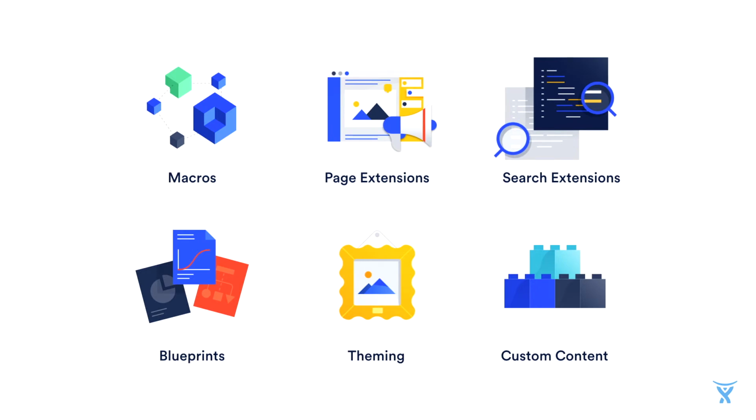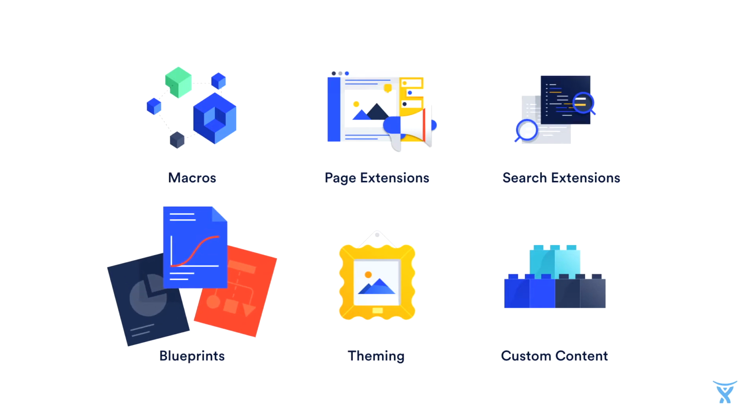We then have search extensions, so these allow you to utilize search filtering using the custom properties of content. And then blueprints are essentially singular or multiple templates that are accessed via the Create dialog in Confluence.